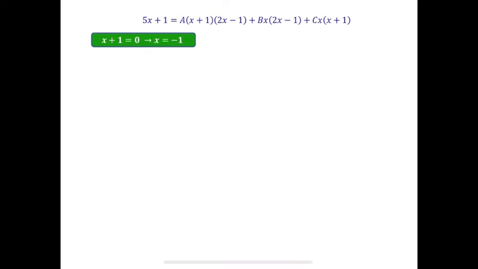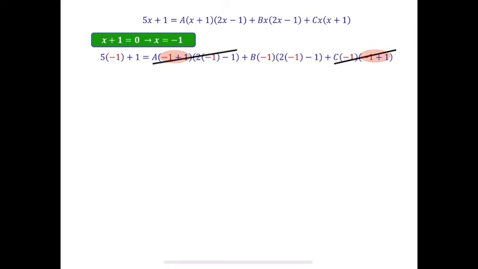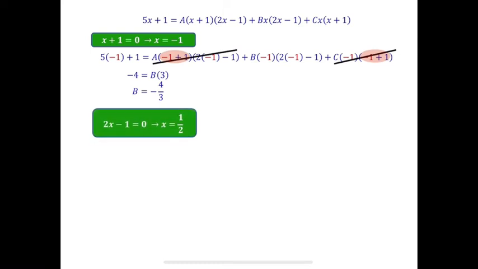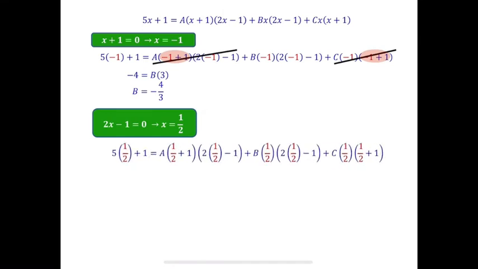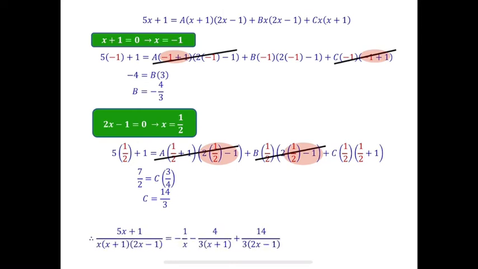This comes from the linear factor x plus 1. This part disappears, so we will get the value for B. And now substitute x equals 1 over 2 into the equation, and we get the value for C. After that, substitute all the values of A, B, and C into the partial fraction.